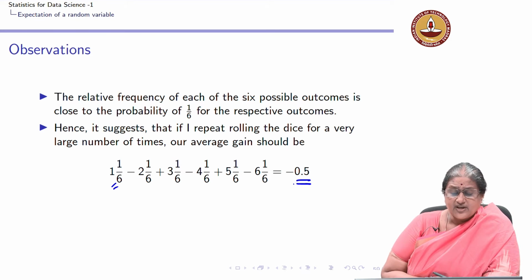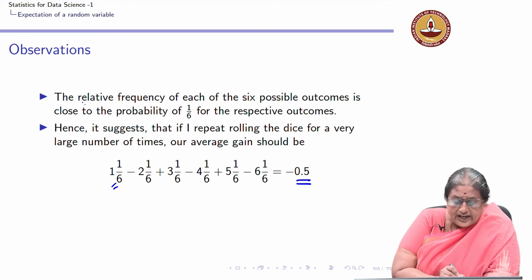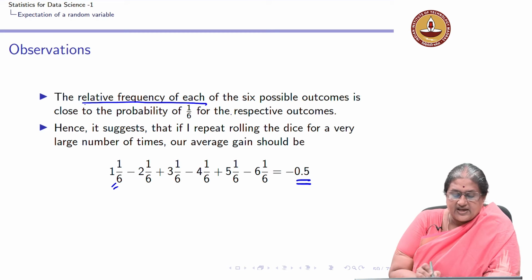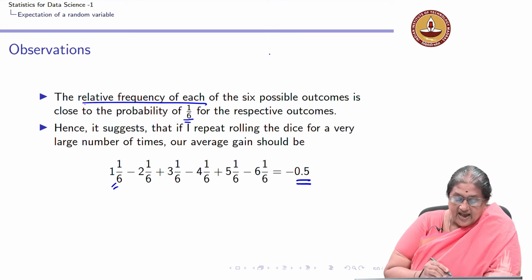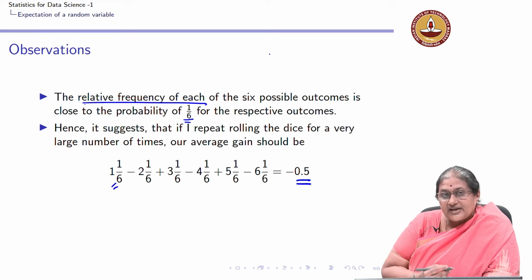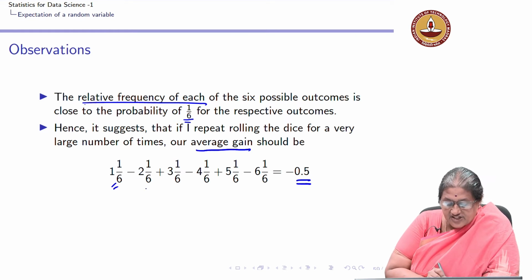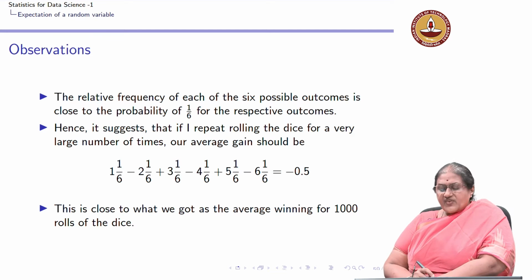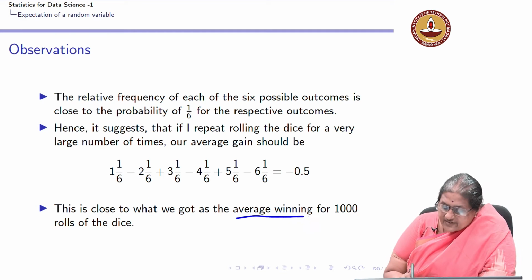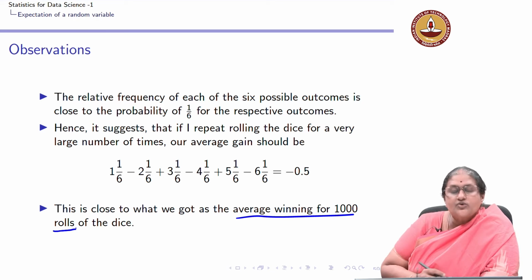I repeat. So, it suggests that if the relative frequency is close to 1 by 6, that is what we see, and if I repeat rolling the dice for a very large number of times, then the average gain would be minus 0.5. This is very close to our average winnings of 1000 rolls of a die.